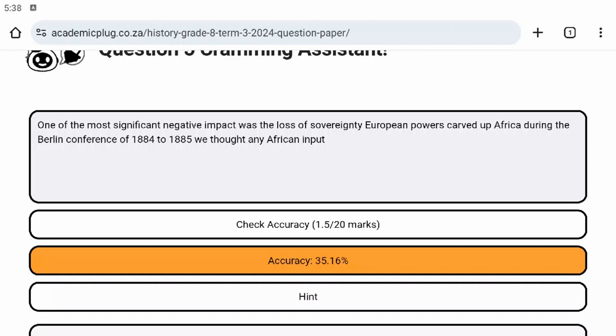This is how I got my distinctions in university, and this is how you're definitely gonna get your distinctions in high school, which will allow you to get enough APS, because since you guys are in grade 9, you are going to get distinctions using this method, and it's going to allow you to go and study whichever course you want. Whether you want to be a doctor, you will have those distinctions simply because you learned how to cram the right way.